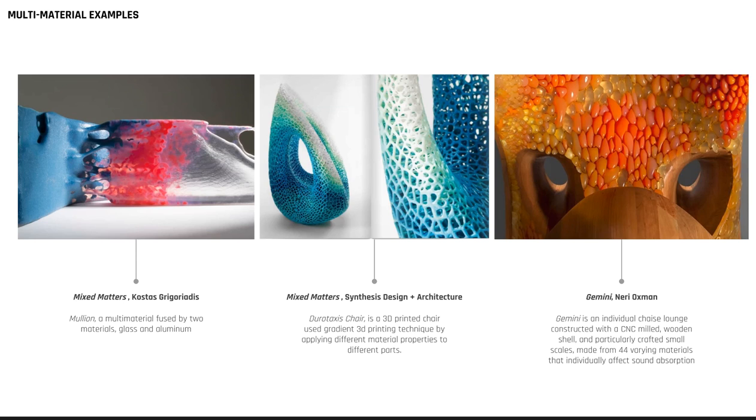They 3D printed it using a gradient 3D printing technique, and Mary Oxman's project was about varying 44 materials in a chaise-longue, where each material was affecting the sound absorption.